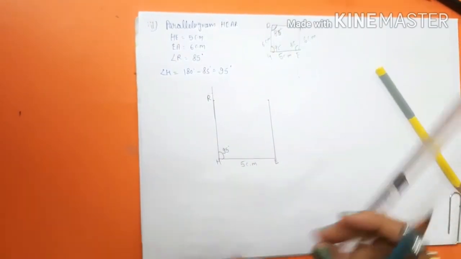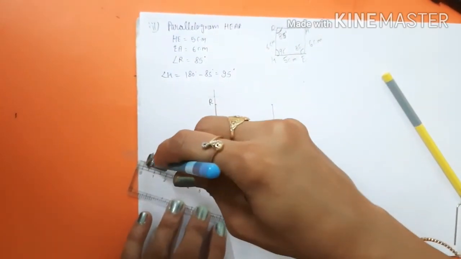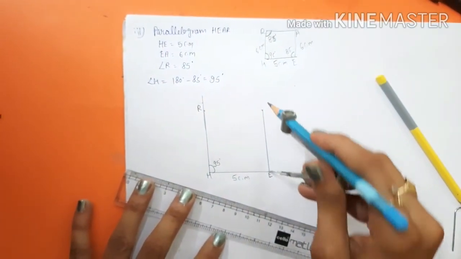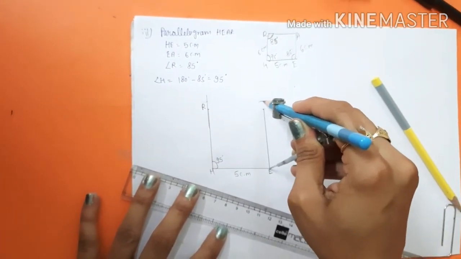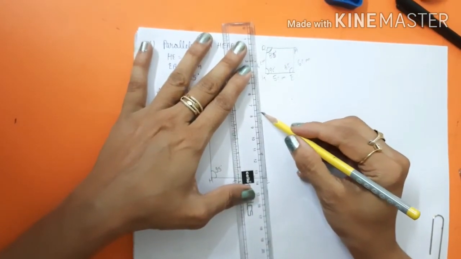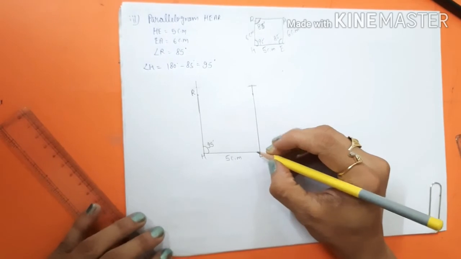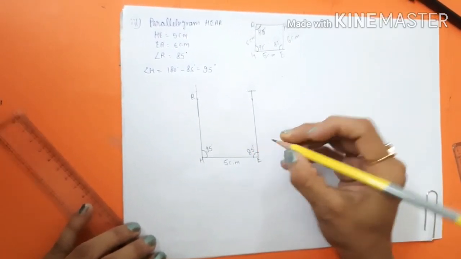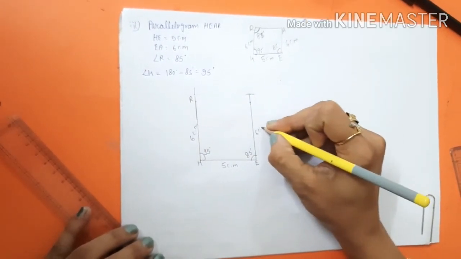Now we have to cut an arc of 6 centimeter. 6 centimeter will measure and we'll cut an arc here. We'll extend the line till this point. This is the angle of 85 degree. And this 6 centimeter line and this 6 centimeter line.